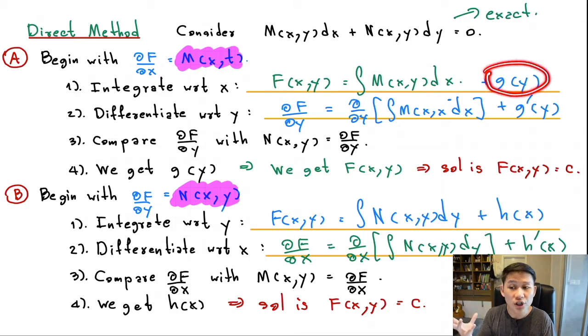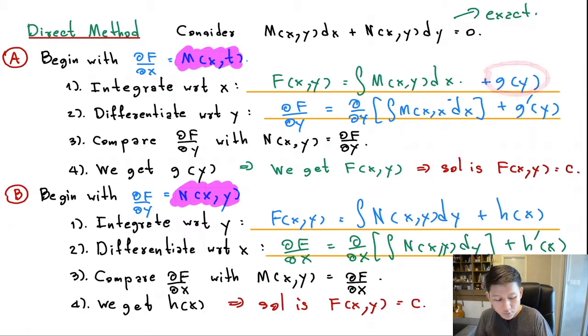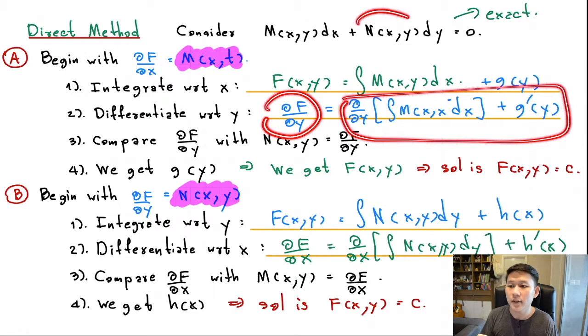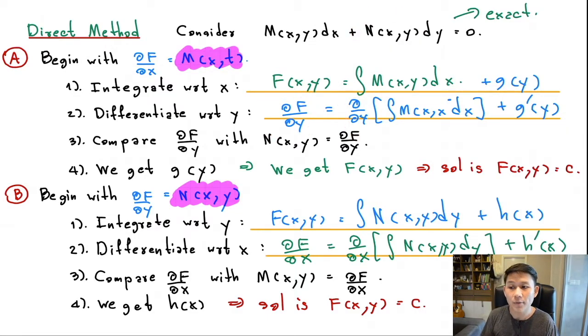So in order to know g(y), you take the derivative of f by y, and then you get this. You compare this with N(x, y), because it's an exact equation, so N(x, y) is df/dy. Once you compare that, you will get g(y), and that's it. You get f = c as a solution.